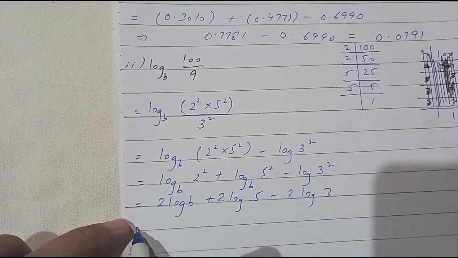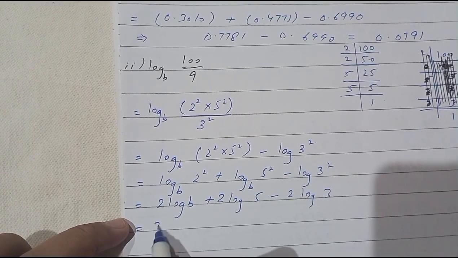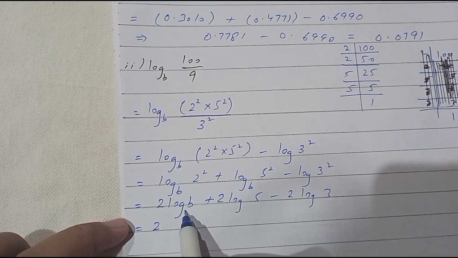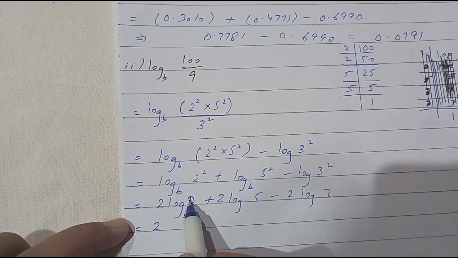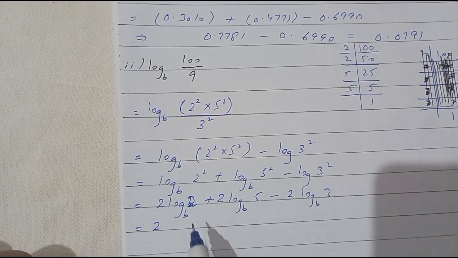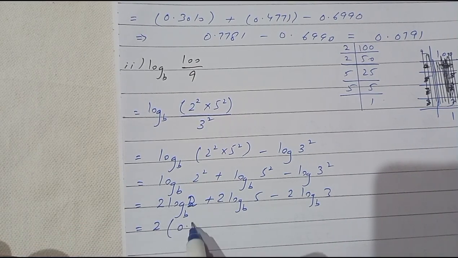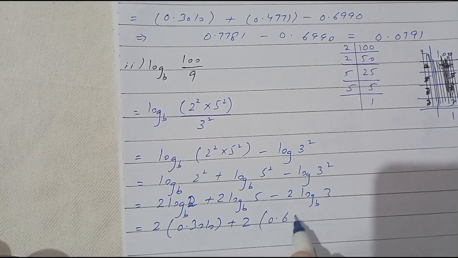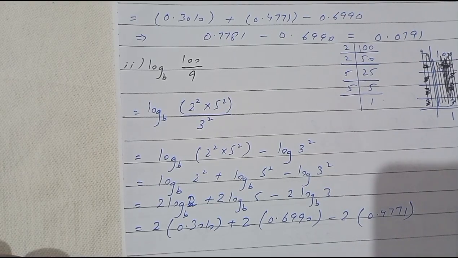Now put the values that are given in the question. The value of log of 2 is given as 0.3010, the value of log of 5 is 0.6990, and the value of log of 3 is 0.4771.